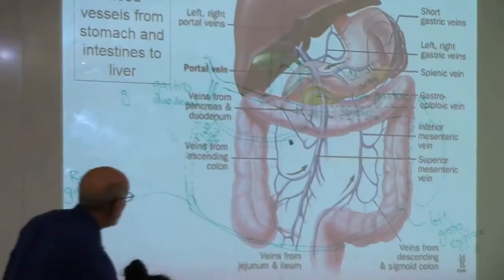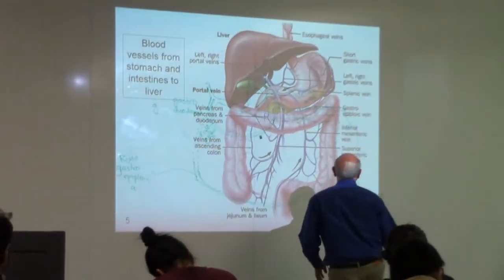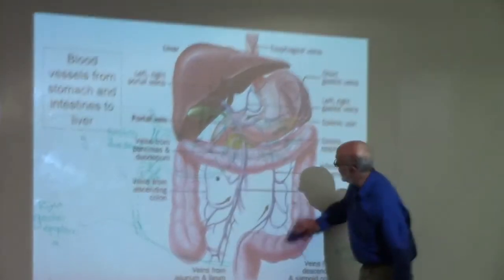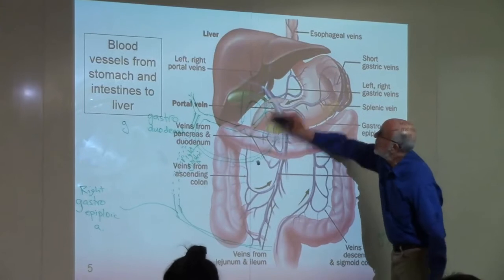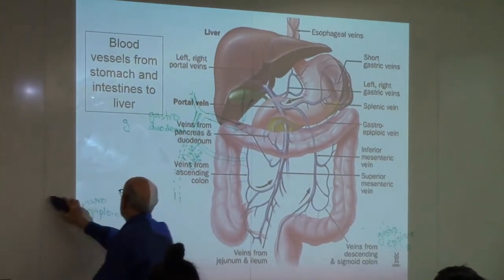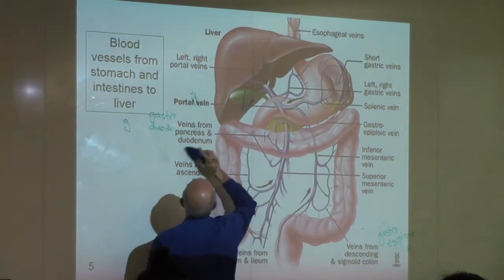Okay, so let's do the same thing. I'm about to erase all the green and talk about venous blood flow for a minute. The reason we have to go to veins right now is that the liver receives venous blood from the intestines.